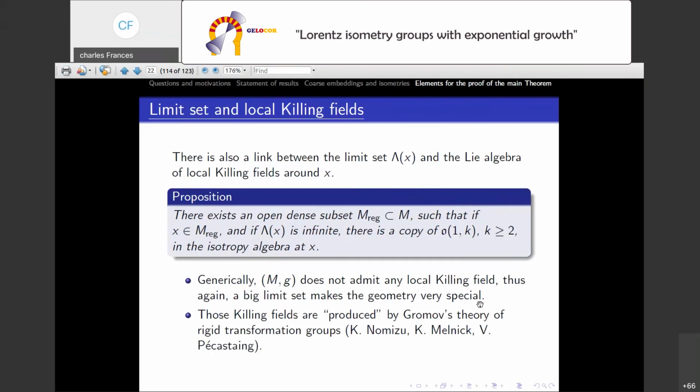To produce those Killing fields, we use the Gromov theory of rigid transformation groups, in a way that was actually formulated first by Nomizu in the 50s, and then Melnick, Pecastaing, etc. So there is a machinery in some sense to produce Killing fields. And the picture is that when the dynamics of the isometry group is complicated, then you must have a lot of Killing fields locally on your manifold.